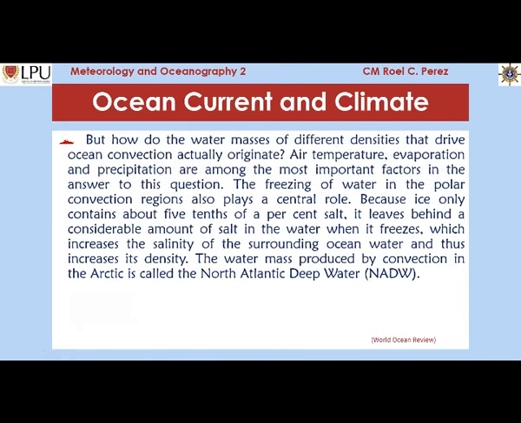But how do the water masses of different densities that drive ocean convection actually originate? Air temperature, evaporation, and precipitation are among the most important factors in the answer to this question. The freezing of water in the polar convection regions also plays a central role.